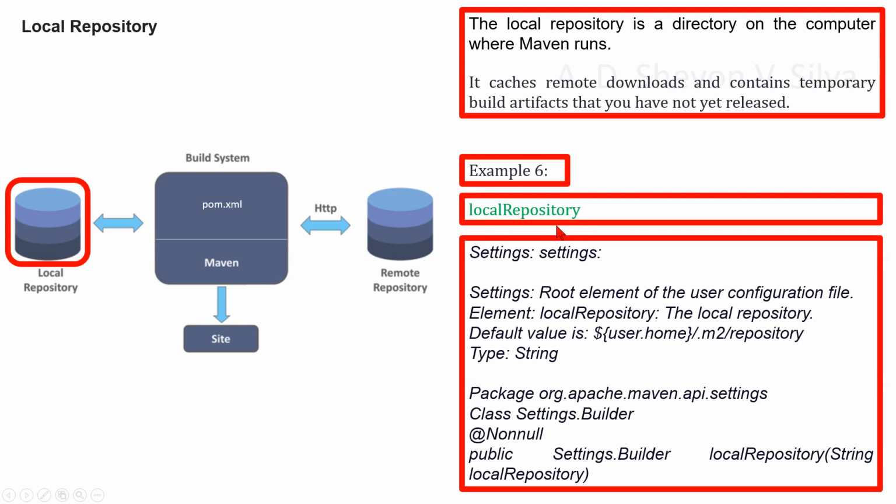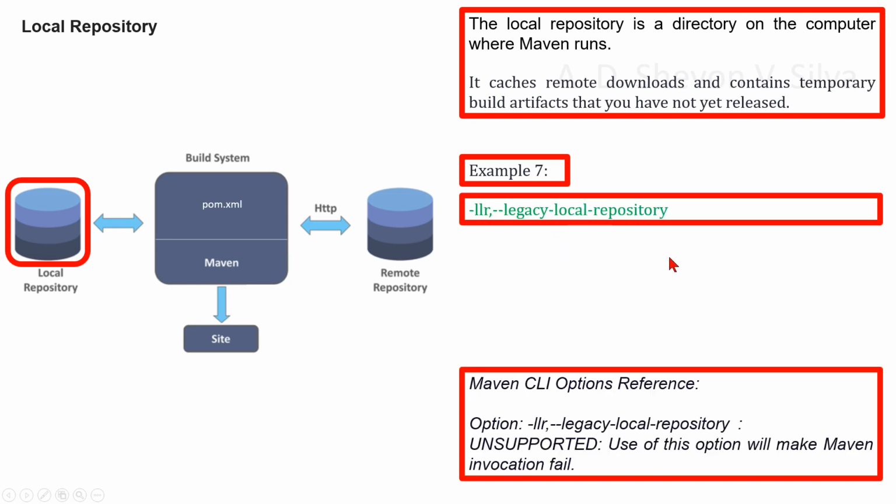The default value is this one: user home/.m2/repository. The type is string. With regard to API, we can consider the method @NotNull public Settings.Builder localRepository(String localRepository) in class Settings.Builder in package org.apache.maven.api.settings.